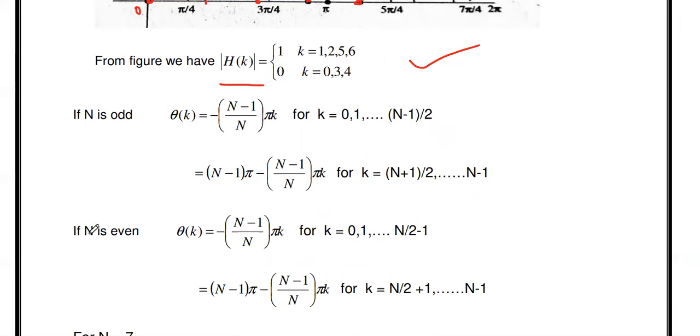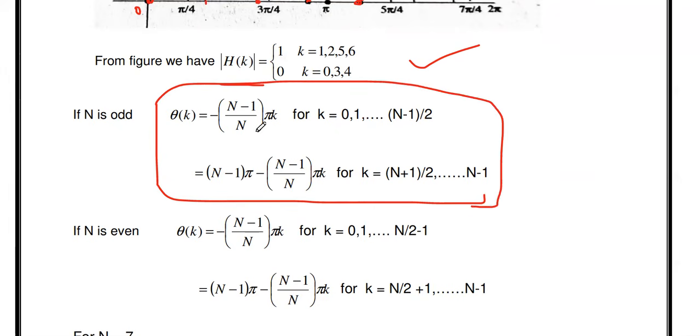If N is odd, the theta of k is equal to minus (N minus 1) by N pi k, for k from 0, 1 up to (N minus 1) by 2. Then for k from (N plus 1) by 2 to N minus 1, the formula is (N minus 1) pi minus (N minus 1) by N pi k. So you just remember this formula in order to find the angle theta of k. In order to solve this problem, you just remember this formula.